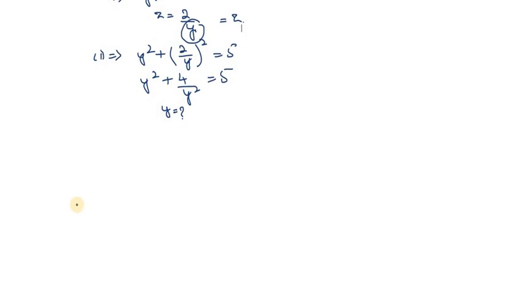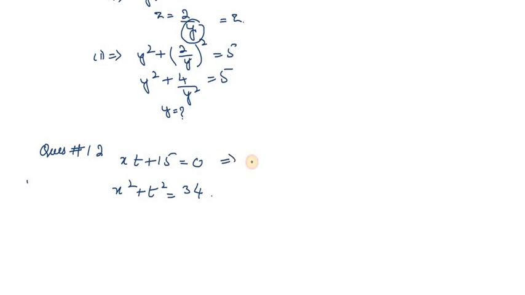And after question number 11, question number 12. Question number 12: equation 1 is xt plus 15 is equal to 0, and the other equation is x square plus t square is equal to 34, the same as question number 13.